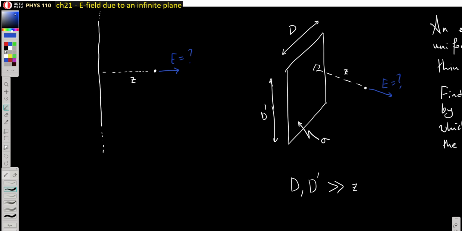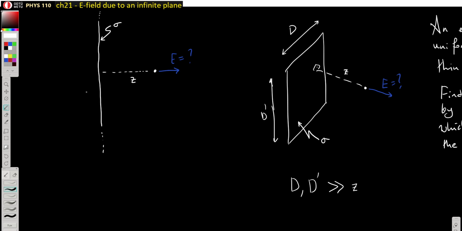Sometimes I'm going to show the problem like that. So when I use these kind of symbols, sigma is always the surface charge density, then you can actually understand that this is really a plane, not a line. So there is also a part of the plane which is perpendicular to the screen. But this is the part that we don't see.